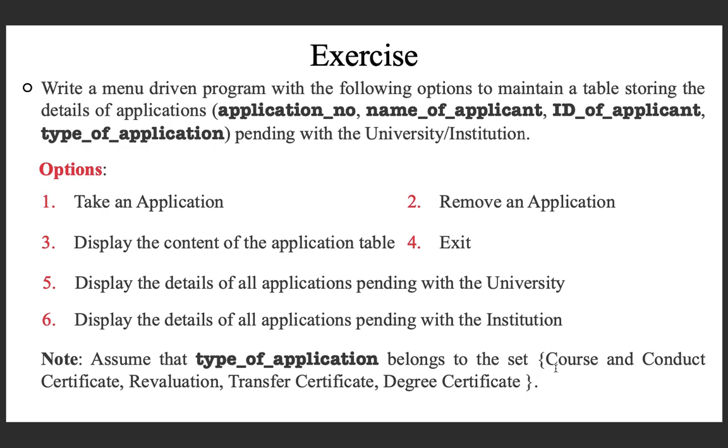It could be either one of the 4 different types: course and contact certificate, revaluation, transfer certificate, or degree certificate. So this is the one which helps you as a programmer to decide which one will be active for a particular application depending on this type.